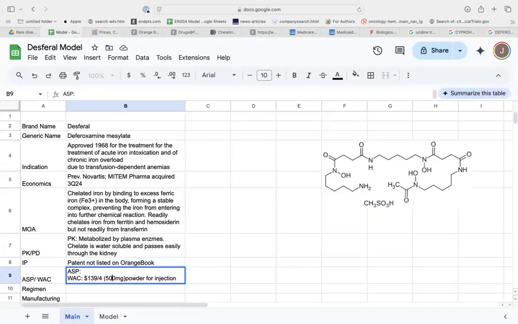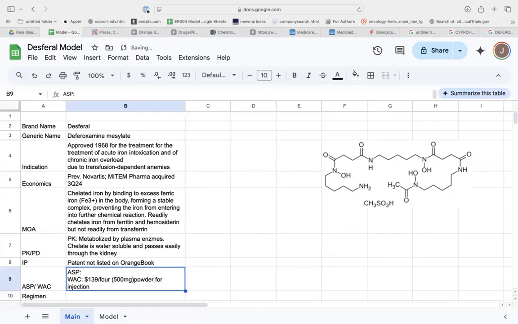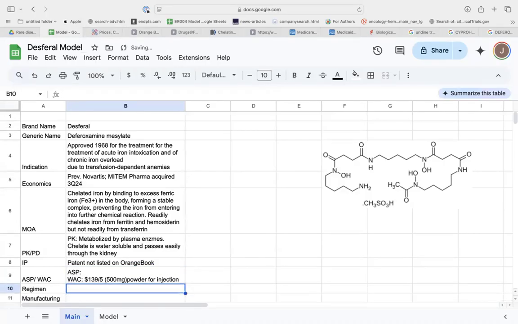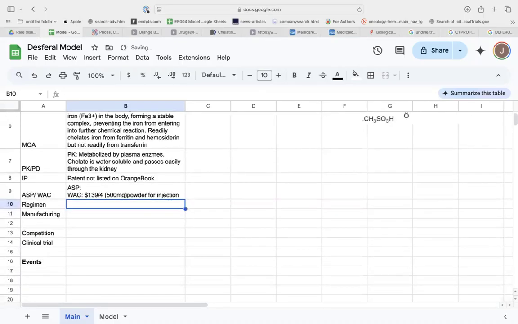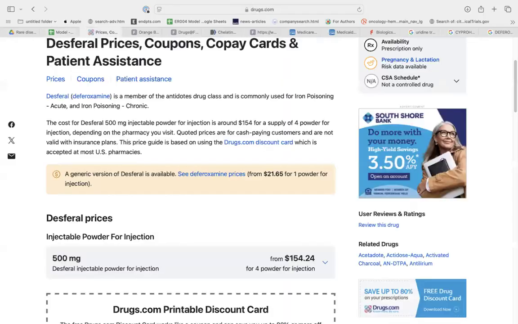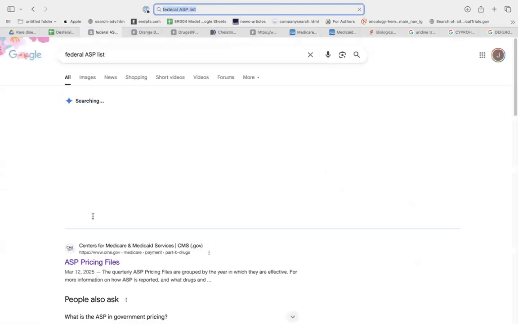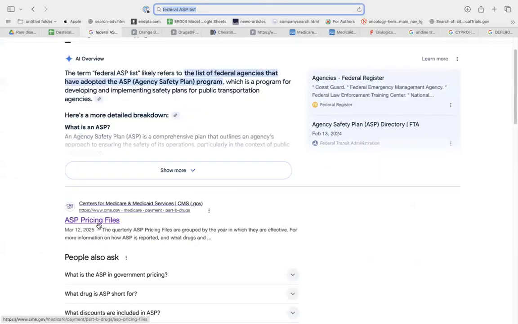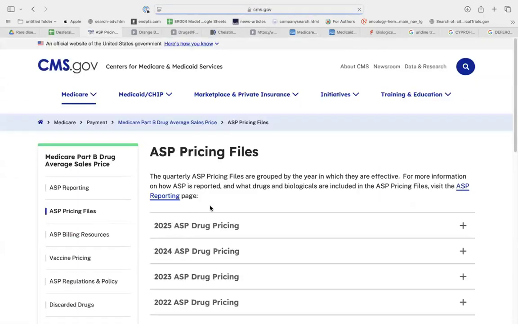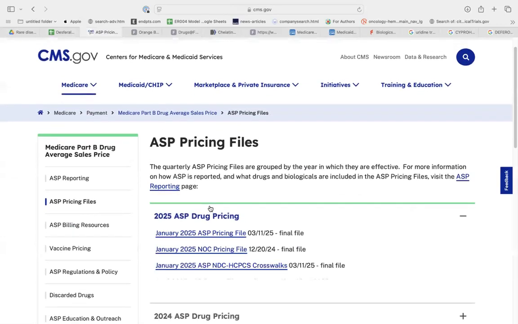We can always change it later, but I think this is 140 for 4. You know what? Let's use this. Let's use 4 here. Here we'll use the CMS average sales price, drug pricing files.